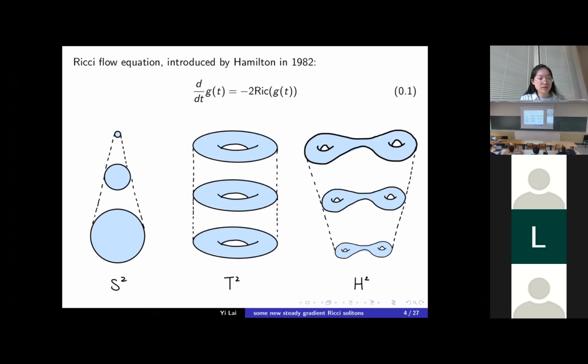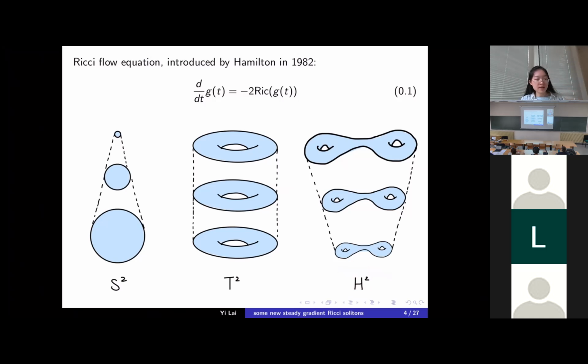So the metric will expand and get larger and larger, and this Ricci flow will be defined for all positive times. As time t goes to 0, it has a singularity, and if you blow up the singularity you see this solution again. So it is a singularity model for itself as well.